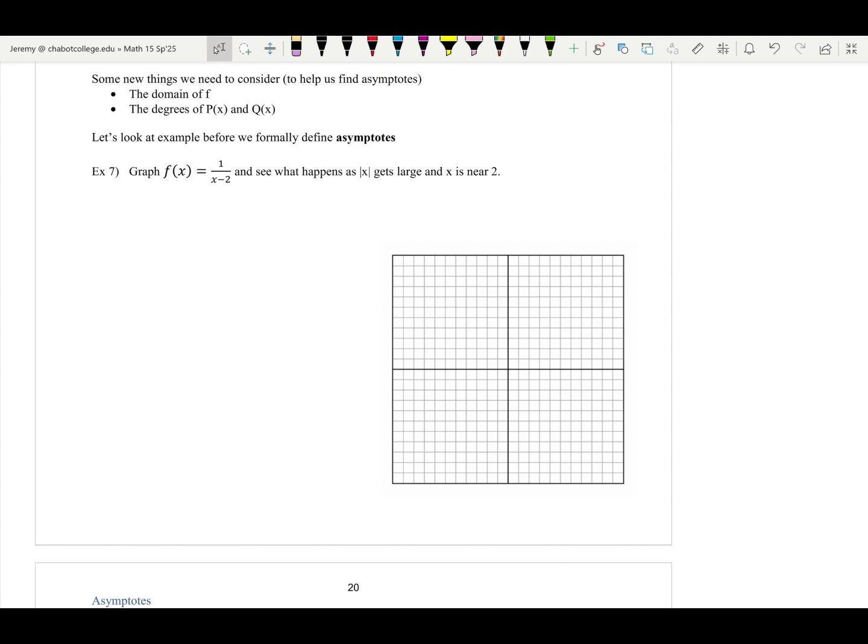But example 7, we want to graph f of x equals 1 over x minus 2. Okay, so first of all, the parent function of this, and I'll just call it p of x, is equal to 1 over x. That is the parent function, okay?